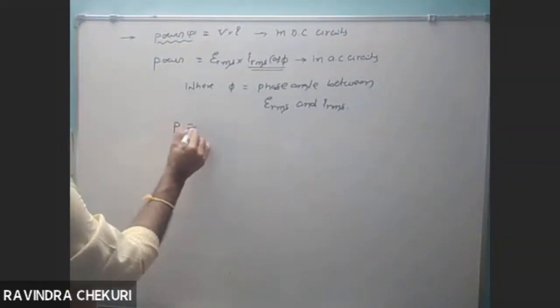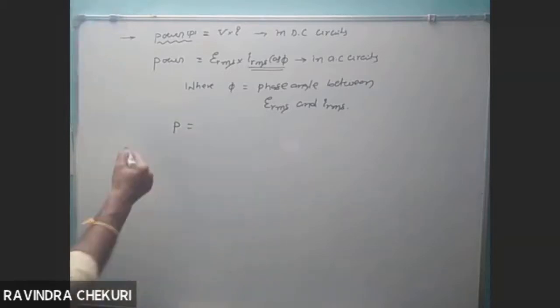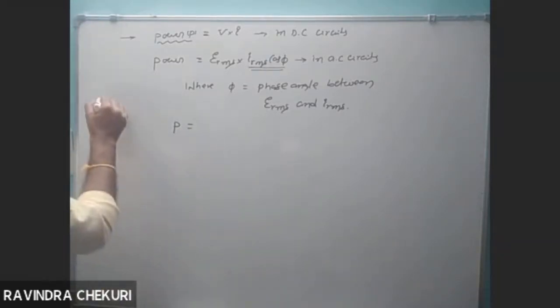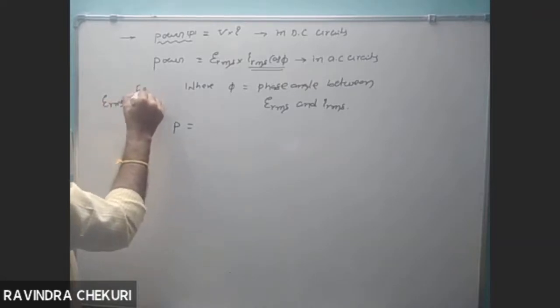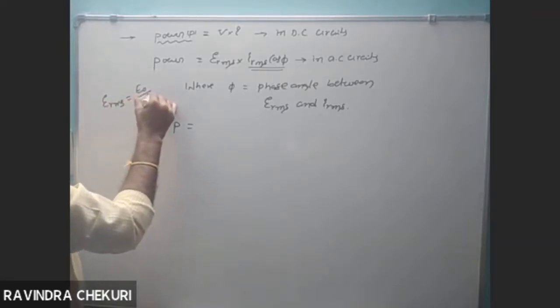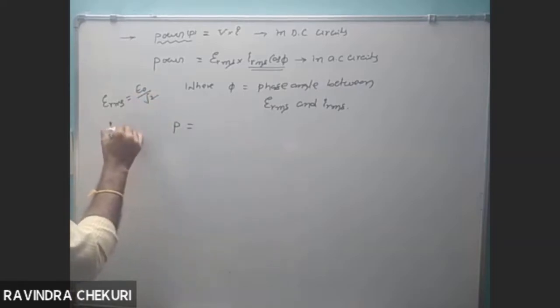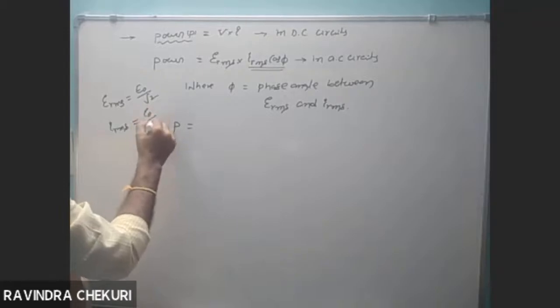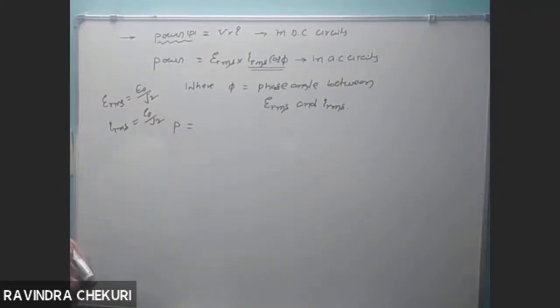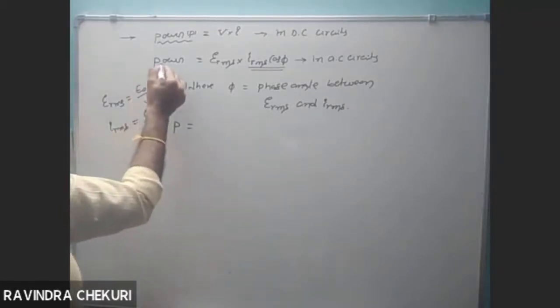What is the relation between ERMS and IRMS? ERMS is equal to E naught by root 2 and IRMS is equal to I naught by root 2. This is the average value of power also.